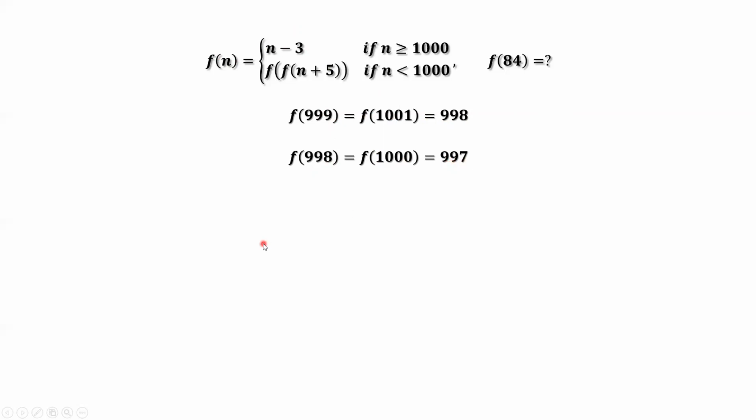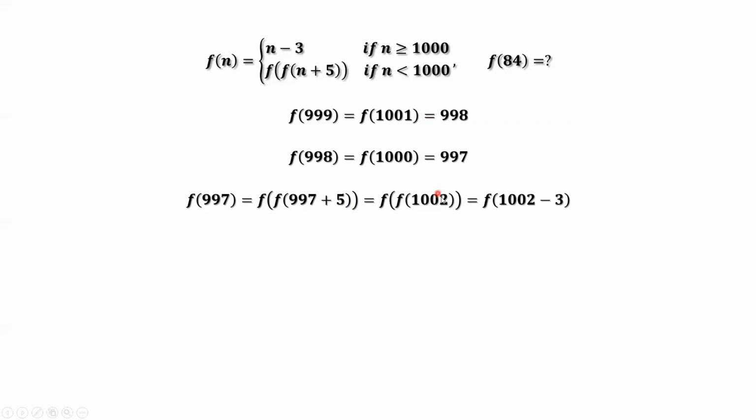Now let's derive the third function number, f of 997. The inside part equals f of 997 plus 5 equals 1002. 1002 is bigger than 1000.